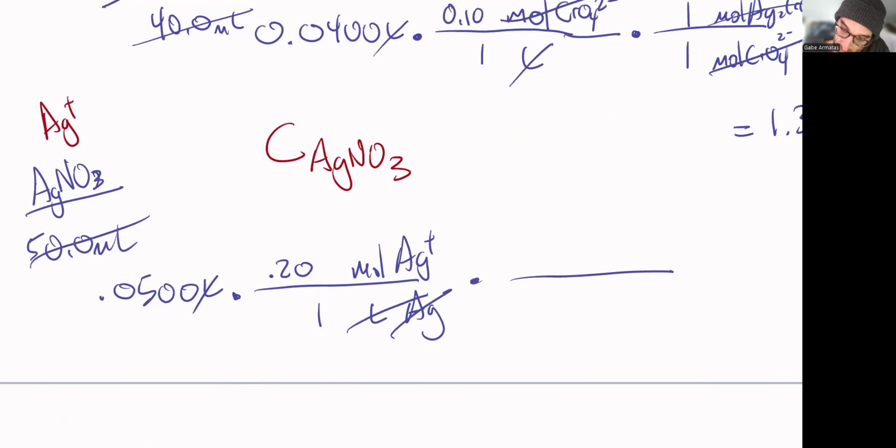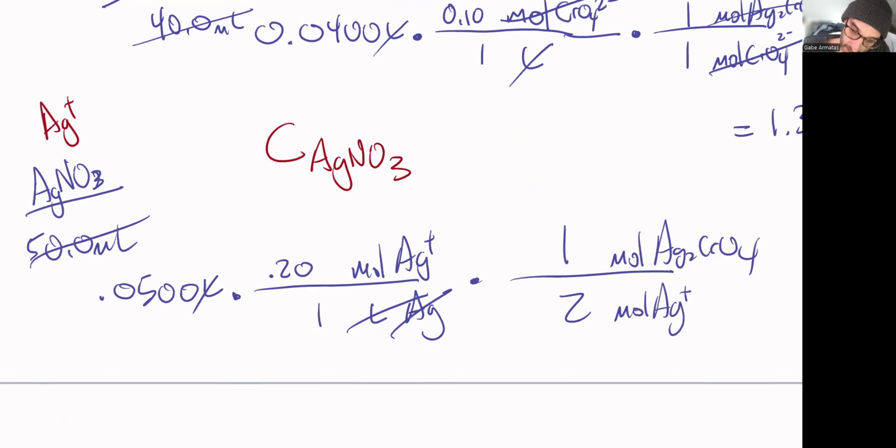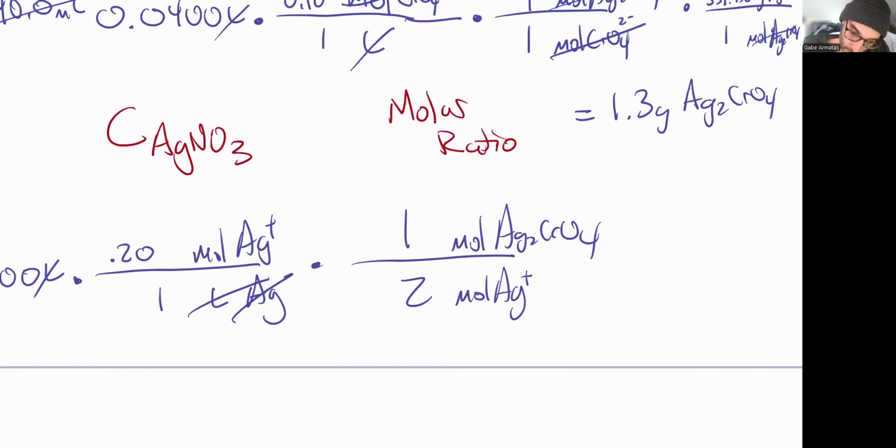Times a fraction. I want moles of silver to go away, and I want moles of my silver chromate to remain. So for every 2 moles of silver ions, I have 1 mole of Ag2CrO4. Again, this is the molar ratio from the balanced chemical equation. So moles of silver ions goes away. And this last step, moles to grams, this is the molar mass.